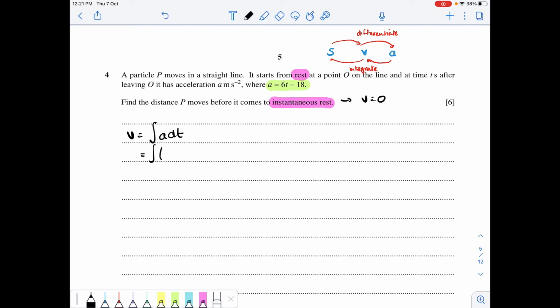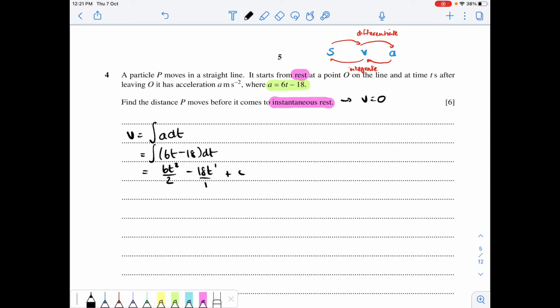Okay, so we're going to integrate the acceleration function, and that's going to give us, if we take 6t, we're going to raise the power first, so we'll get 6t squared, and then we're going to divide by the new power, which is 2. And the same for the next one, we have 18 times t to the power 0, so we're going to have 18t to the power 1 divided by 1, plus c. So how do we get rid of c?